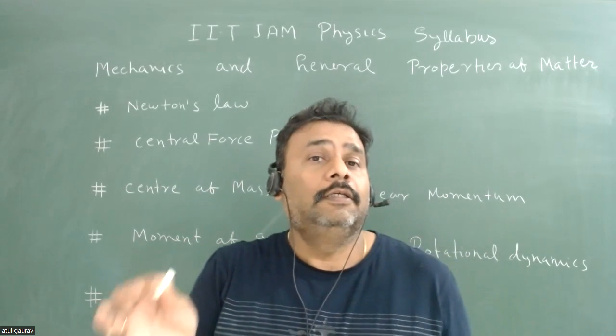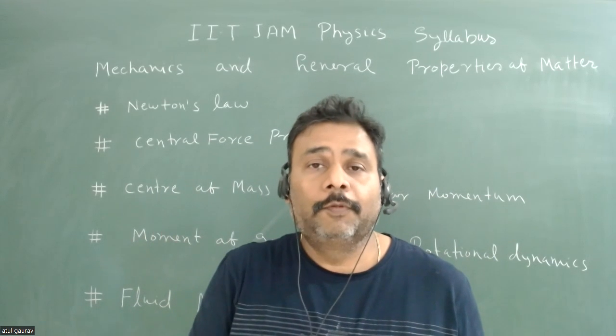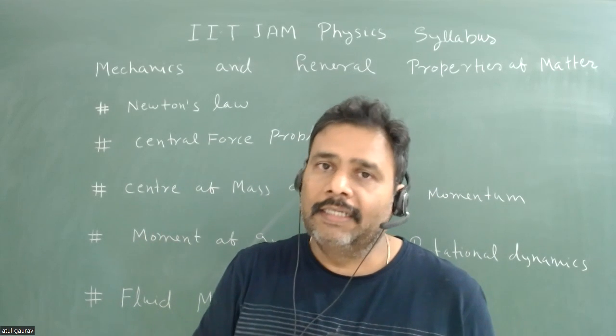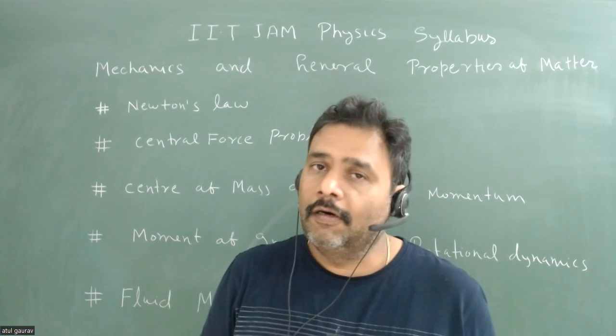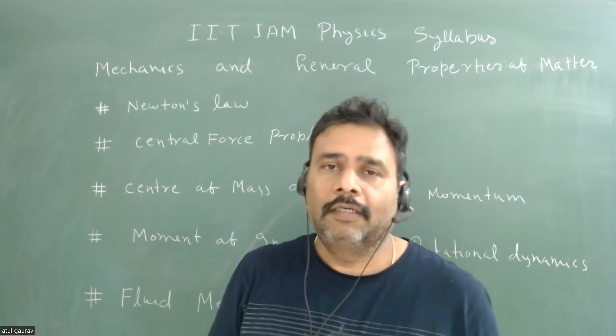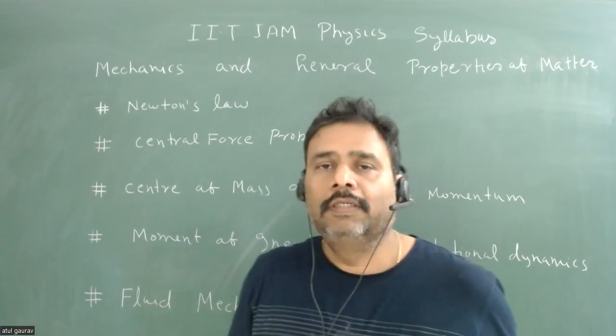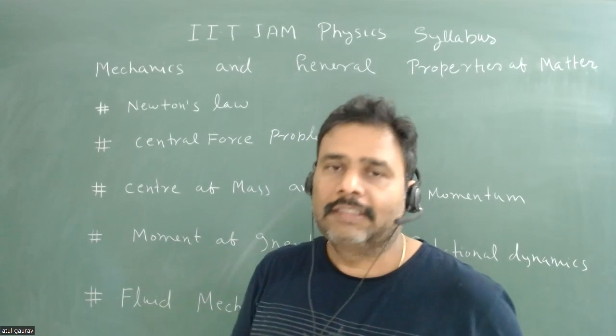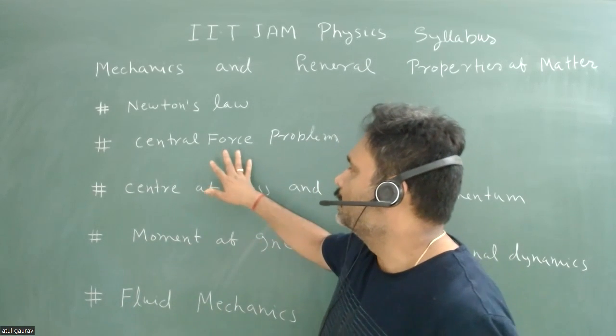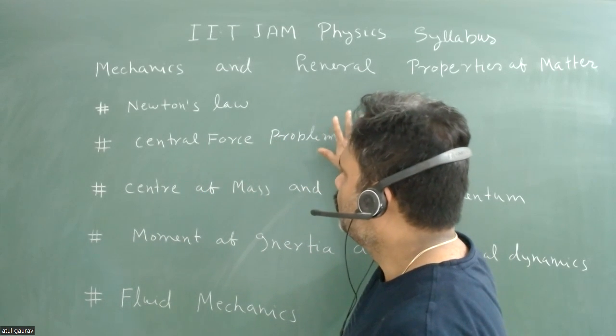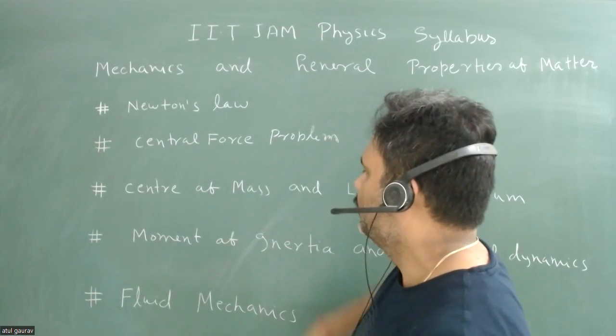But especially you have to go for the Kepler potential, minus K by R, and the 3 laws of Kepler. So first law, second law, and third law, which we have discussed in this particular section. We have to go through Kepler's laws in a very detailed manner.